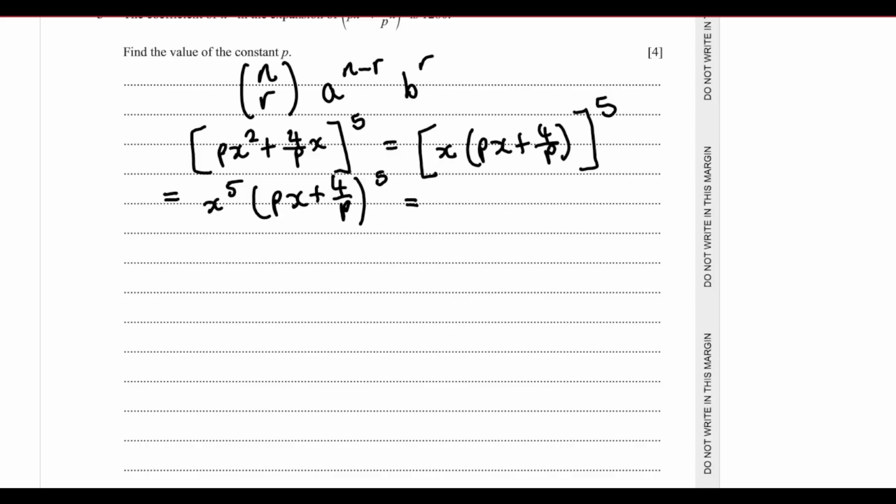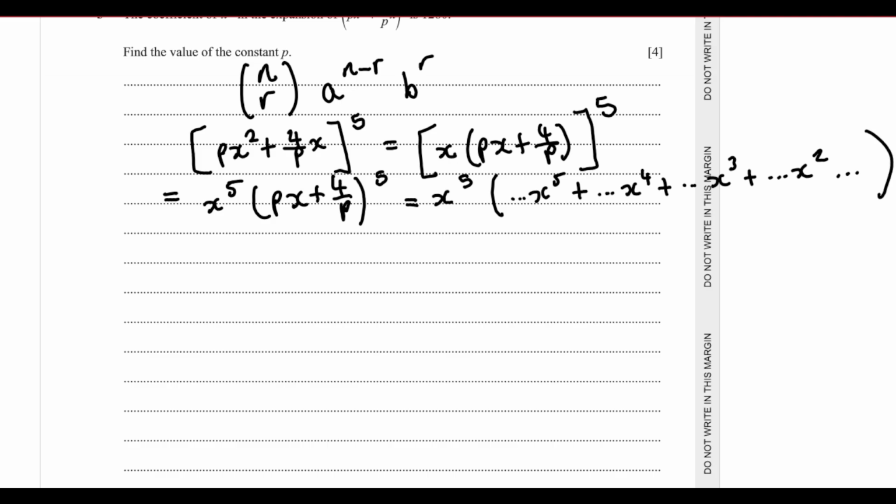Now what would this look like if you were to expand it? You'll have x to the power of 5 on the outside, and to expand the big bracket you'll have, say, something x to the power of 5 plus something x to the power of 4, and so on.